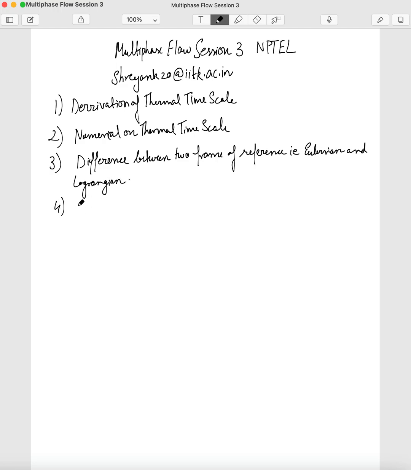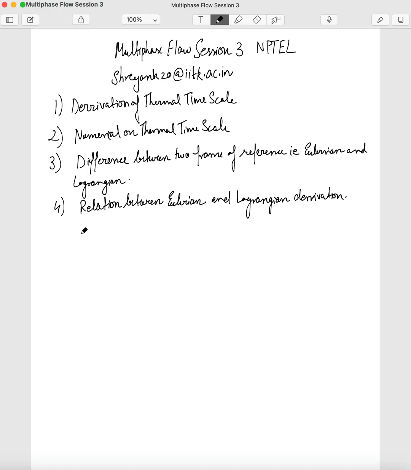Then I will discuss the relation between Eulerian and Lagrangian derivative. I thought these are the four things in which you will have a doubt, so I chose to record the session on these four points.